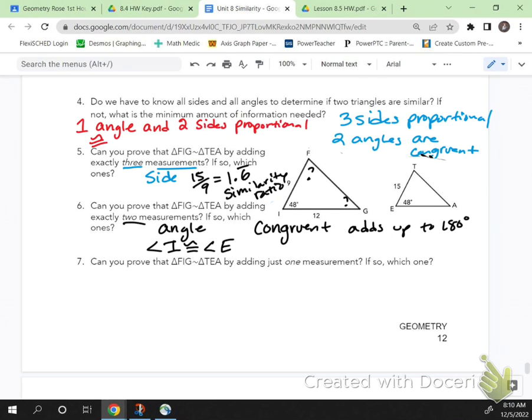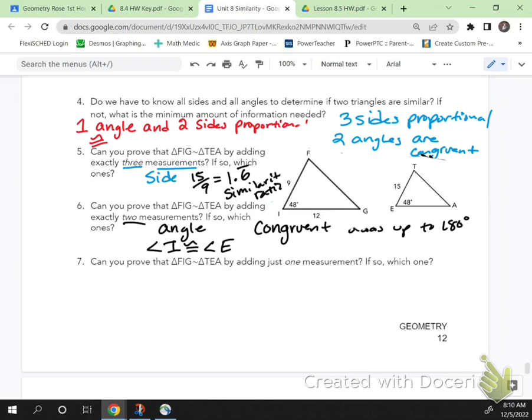So let's do that. Let's do some math. 180 minus 48. You're left with 132. Are these angles equal in here? Is F equal to G? No. So just pick an acute angle. Let's say 67. 132 minus 67. Boom.